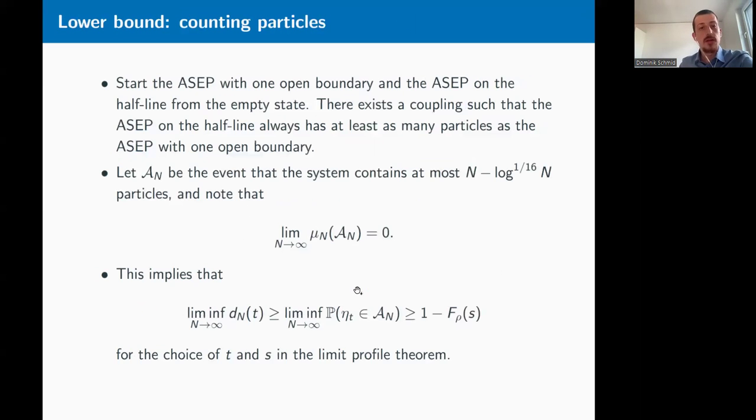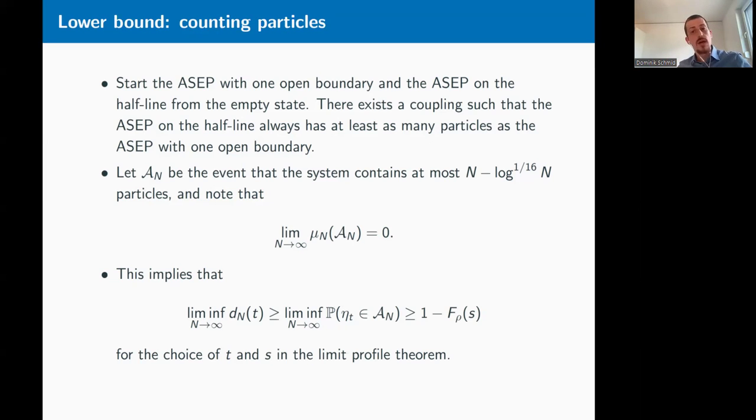Let me give you the statement a bit more precisely for the lower bound. In this case, we start with empty initial conditions, and it turns out that there is a very simple coupling argument: if you look at the RCEP on the finite segment, you can couple it with the RCEP on the half line, such that, starting from empty initial conditions, the system on the half line always has at least as many particles as the RCEP on the finite segment.